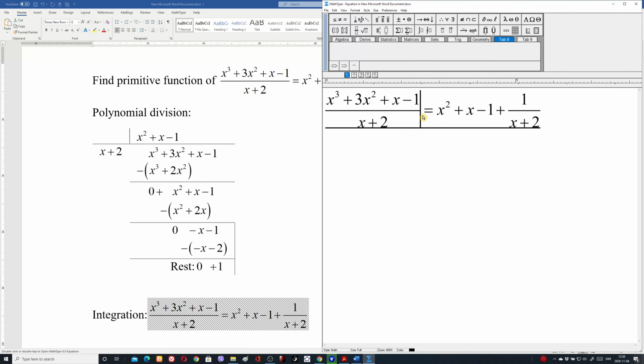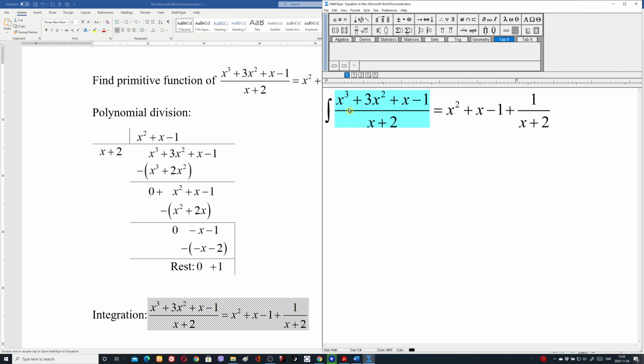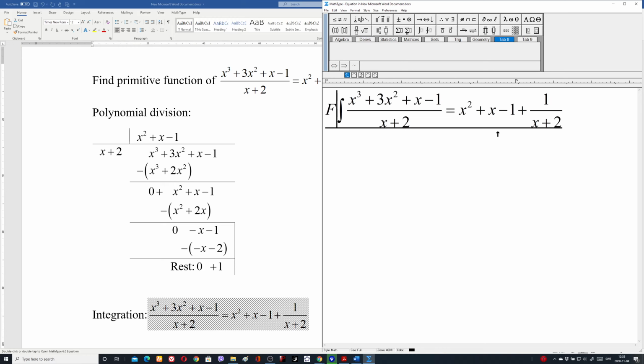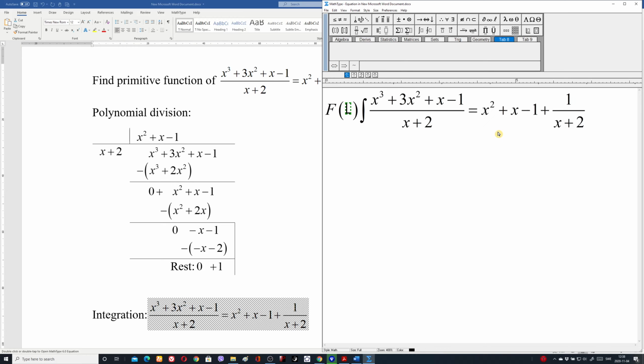And the integration I can take like this one here, but before that, I would like to find the primitive function of this polynomial division.